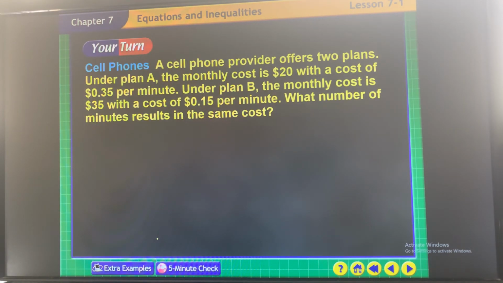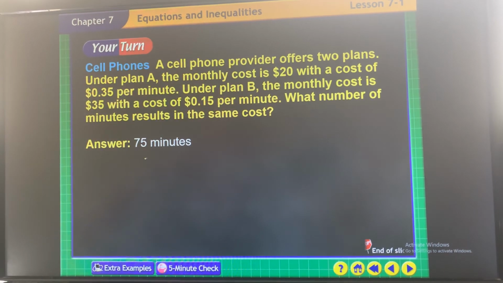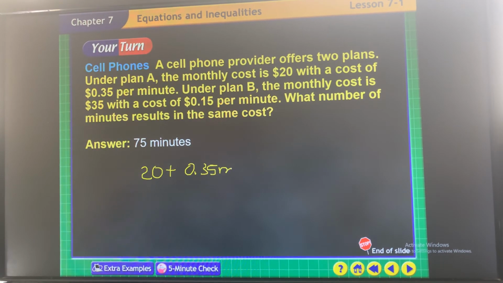This is the same kind of problem where it's going to be 20 plus 35 cents per minute is equal to 35 plus 15 cents per minute. And then go through your process. I wouldn't change your decimals until the end.